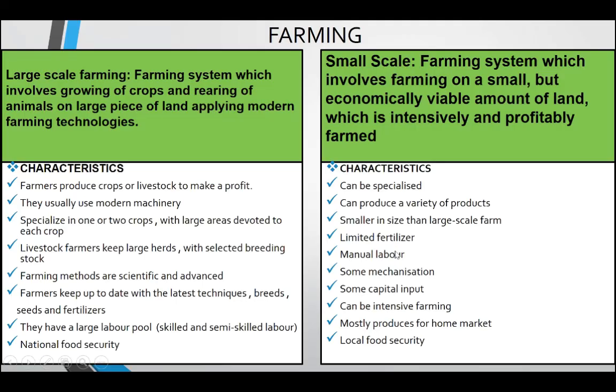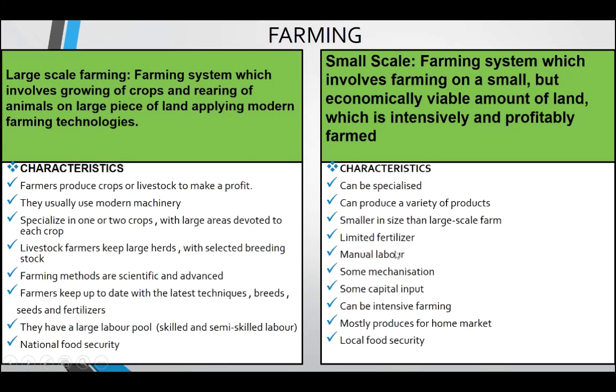But there are other factors that are common to all types of farming or to all other economic activities, like all economic activities require labor and all economic activities require a market. Those are the general factors that you can give for every economic activity.